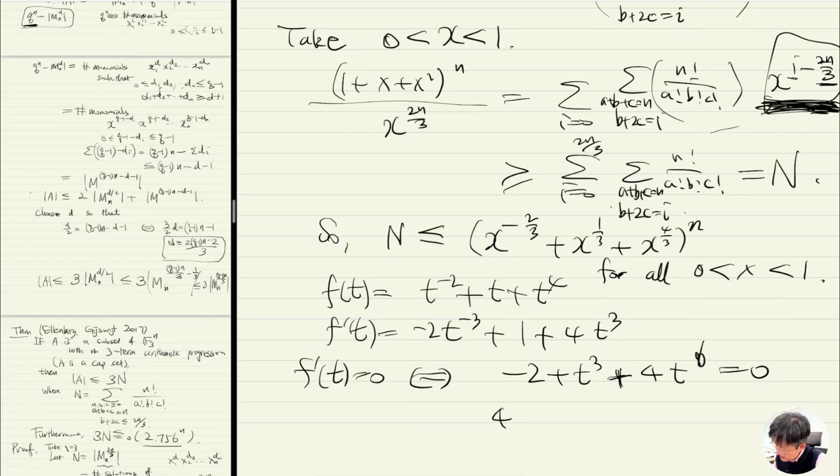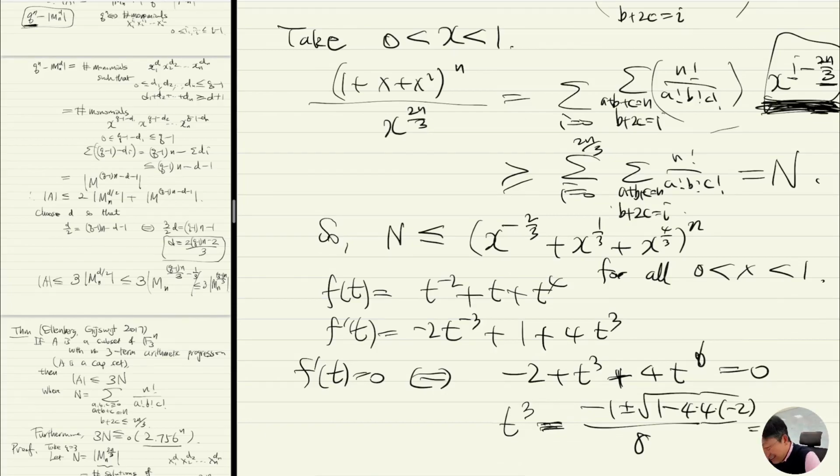So when is it minimized? Well, I can solve it. So t cubed is something like minus 1 plus or minus the square root of 1 minus 4 times minus 2, over 8. Well, is this best possible?